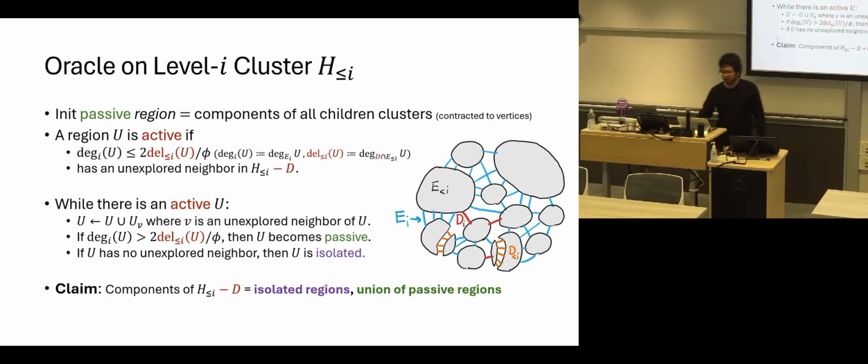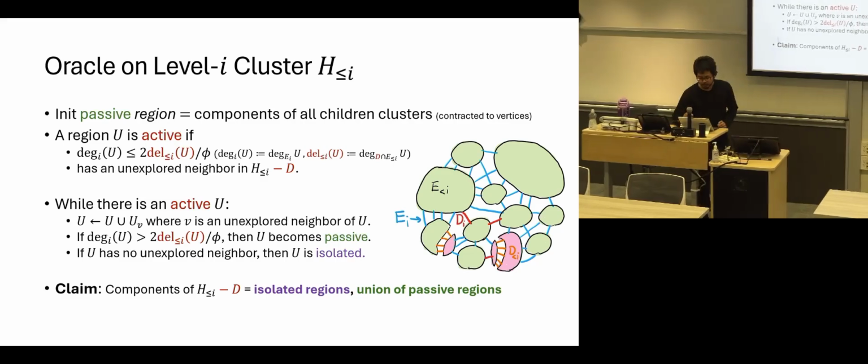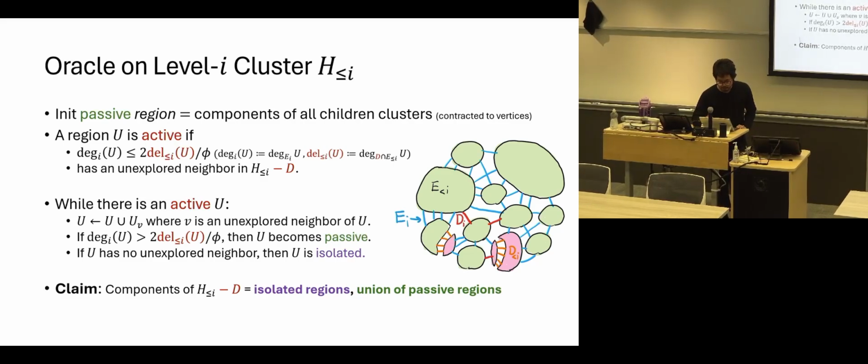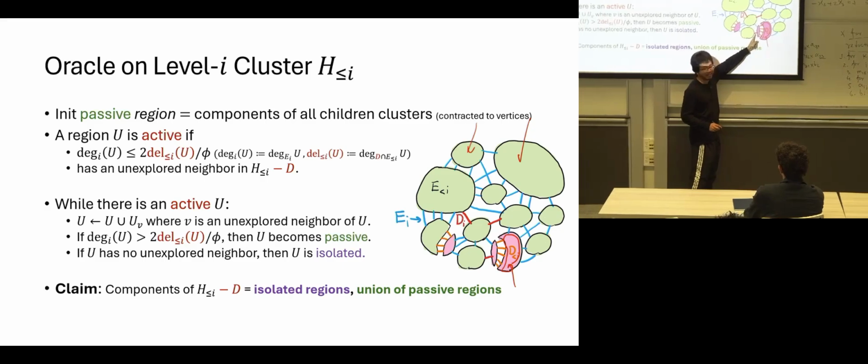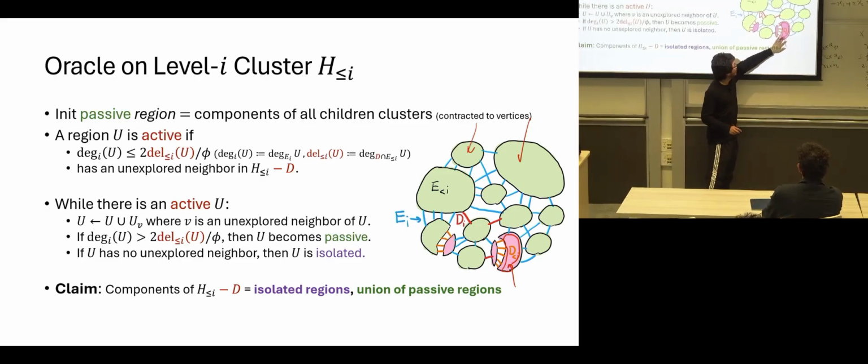So in the beginning, maybe this one is passive, and this one maybe is incident to a lot of deleted edges from the level below or level I, then this one becomes active. Makes sense?